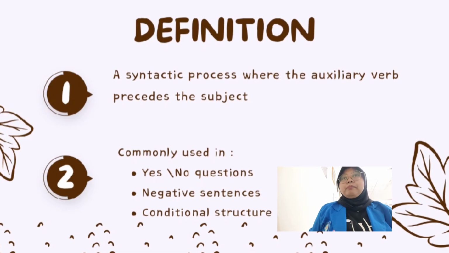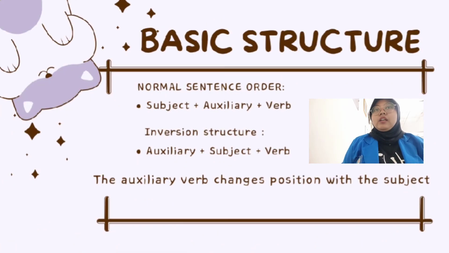Okay, we move to basic structure. Normal sentence order: subject, auxiliary plus verb. Inversion structure: auxiliary plus subject plus verb. The auxiliary verb changes position with the subject. For example, she is reading a book.